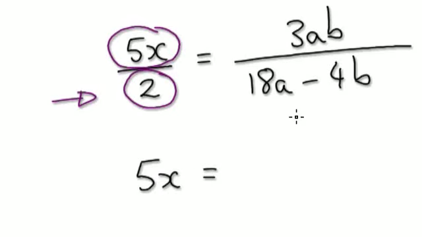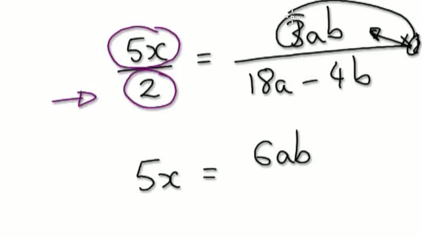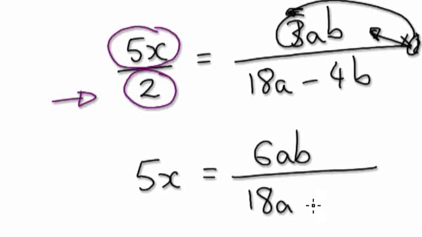This side would be 5x. Remember, when you times 2, it gets multiplied to the top because you're multiplying a fraction. So it would be 6ab. Remember, the number merged with this number here. So let's merge the two numbers together. So it would be 6ab. Okay. This one here would be 18a minus 4b.